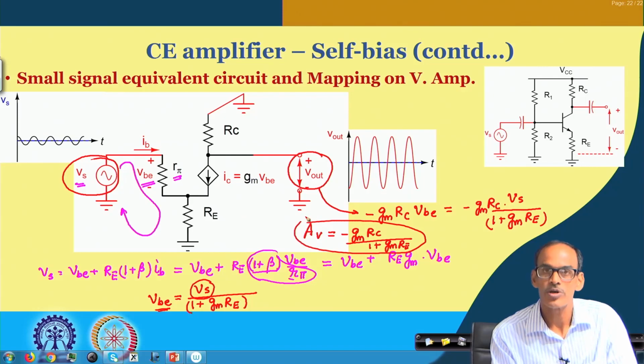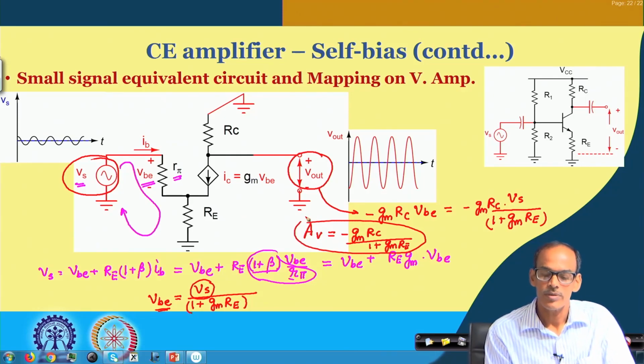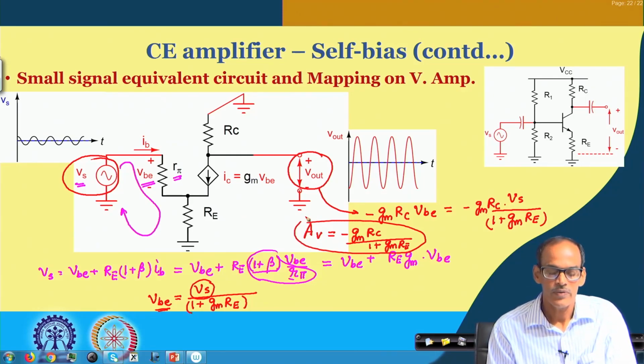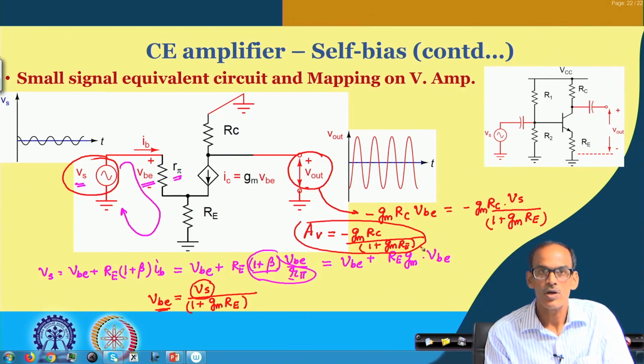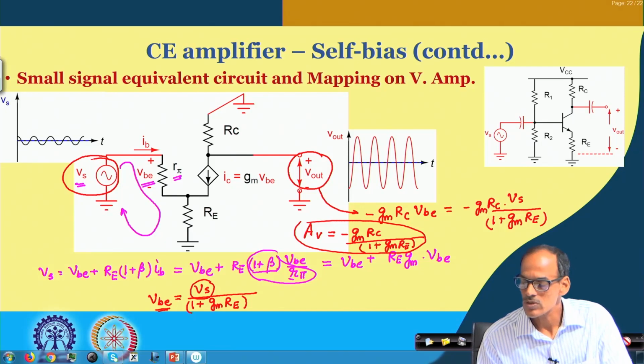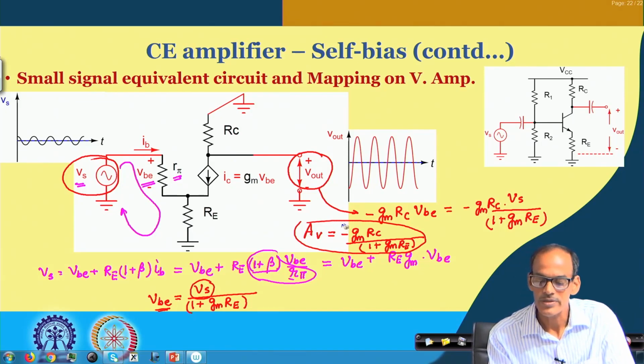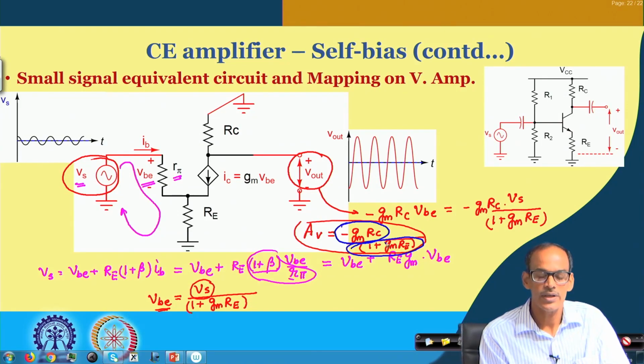So, this is one important parameter of the voltage amplifier out of this circuit. Of course, we will be talking about its numerical value, but if we recall, for the fixed-bias circuit the expression of the voltage gain was only this much. Now, we do have an additional factor here, which is in fact degrading the gain of the circuit.